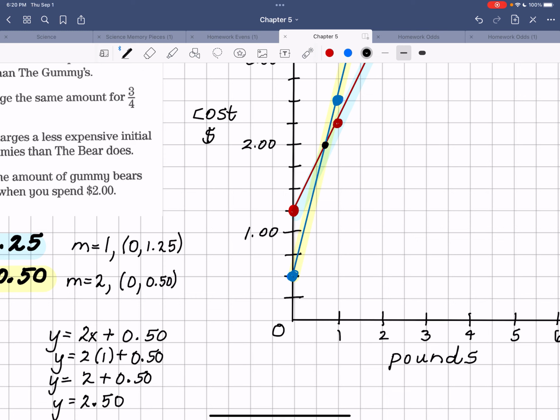It is about 0.75, a quarter, 3/4 of a pound for $2. So that would be the solution to this system, because the solution to a system is always a point.